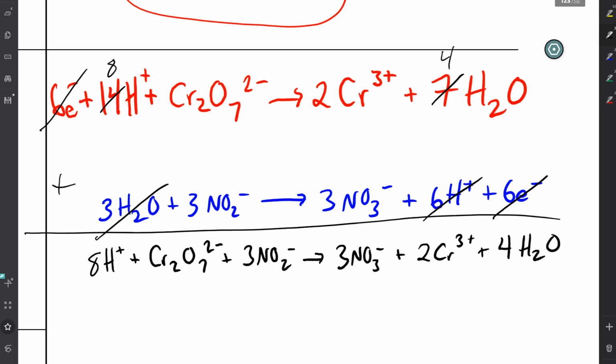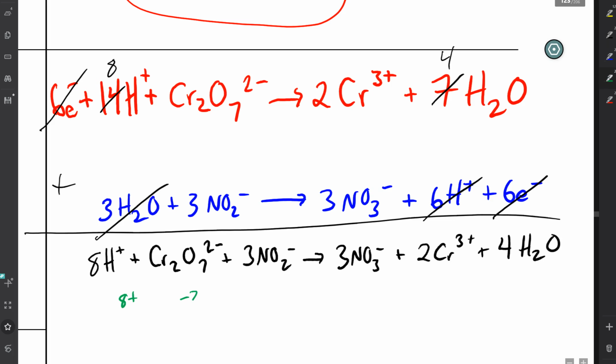Let's check charge. On the reactant side, I have 8 plus, I'm going to write this stuff down, we'll put it in green. 8 plus, 2 minus, 3 minus, 3 times minus 1. Actually, put them up here. So if I take 8 minus 2 minus 3, that gives me an overall charge of plus 3.